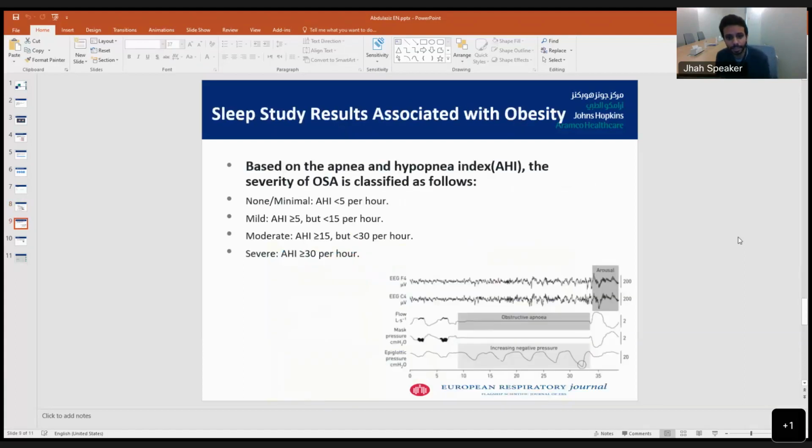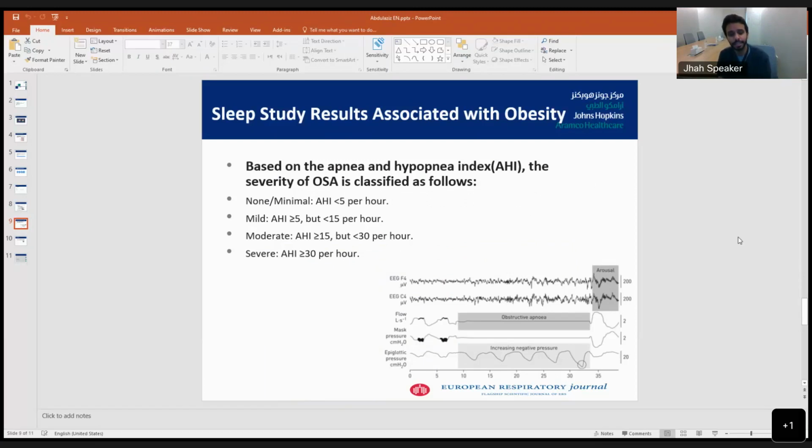Sleep study results associated with obesity are based on the apnea and hypopnea index. This is an index that we use to measure how many apneas this patient has during his sleep. The severity of OSA is classified as follows: none or minimal if the apnea and hypopnea index is less than 5 times per hour.